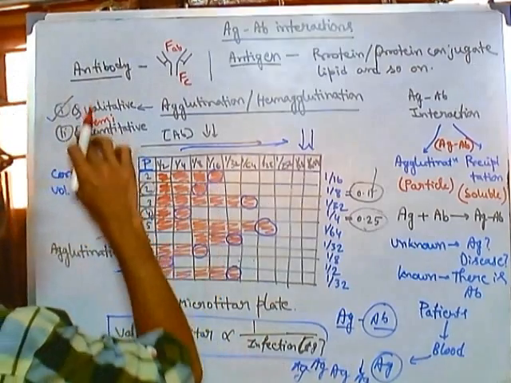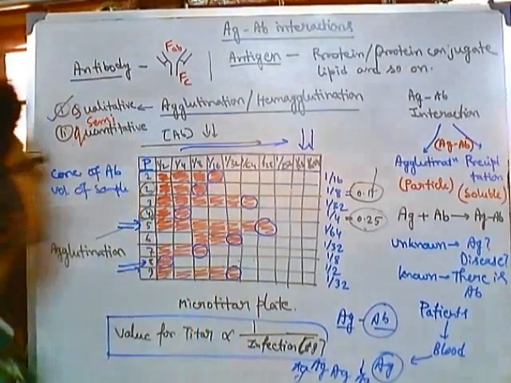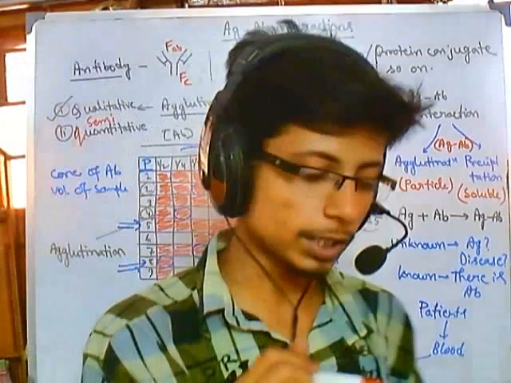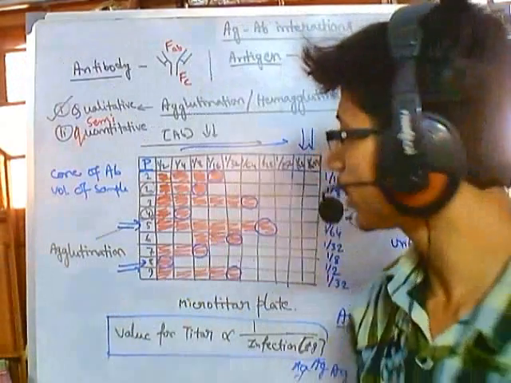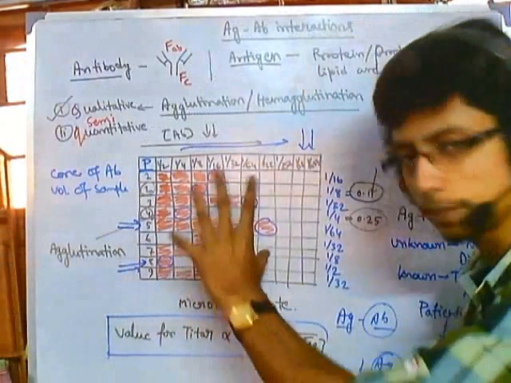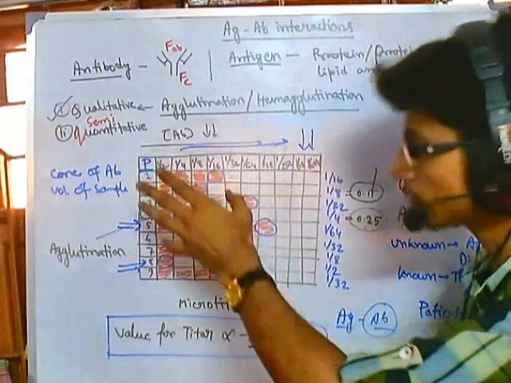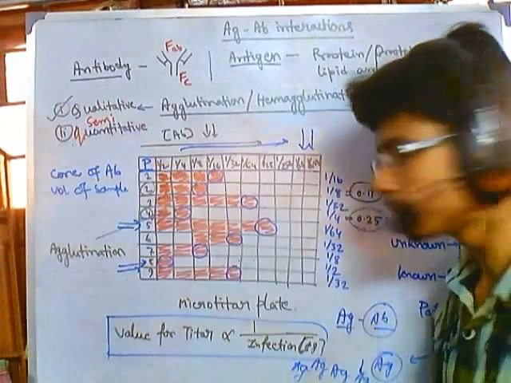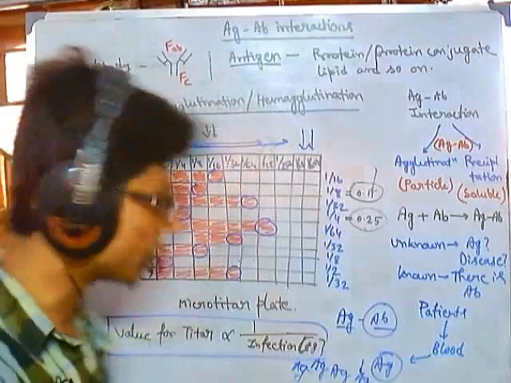So I recommend you take this as a semi-quantitative process, but not as a full quantitative process. It gives us many insights into the patient's blood, but not the total. So, semi-quantitative process.